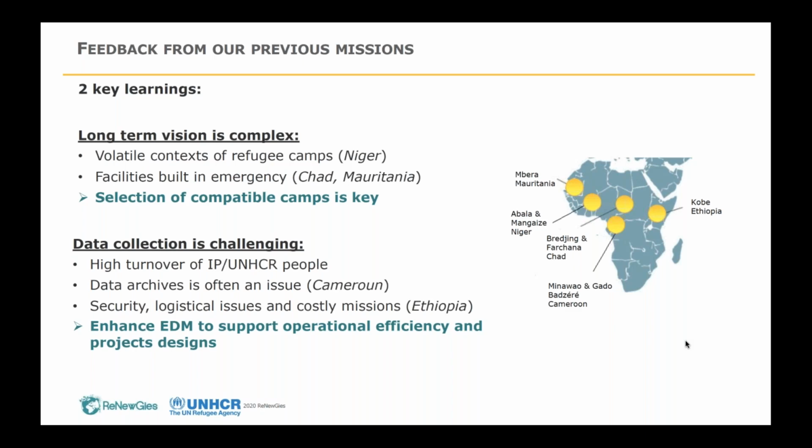For example, in 2019, we wanted to go to Niger for a mission of water assessment. It was not possible due to the humanitarian crisis. Also, the facilities are mainly built in emergency and not easily compatible with solar pumping. So we worked in Chad or Mauritania, and sometimes the water system is so complex that it's not easy to fit with solar. So our first advice is that the selection of the compatible camp and the compatible system is key.